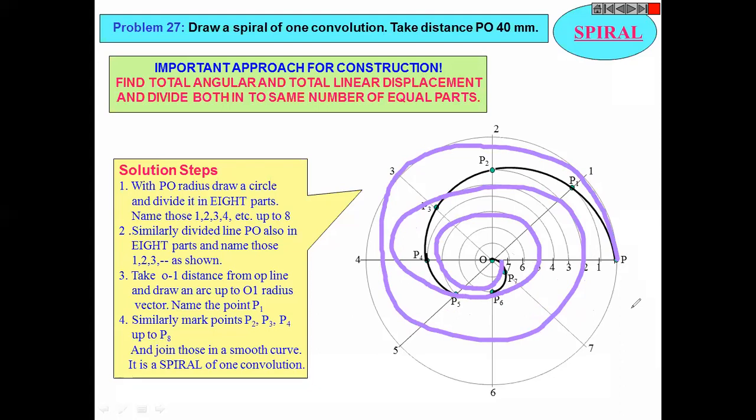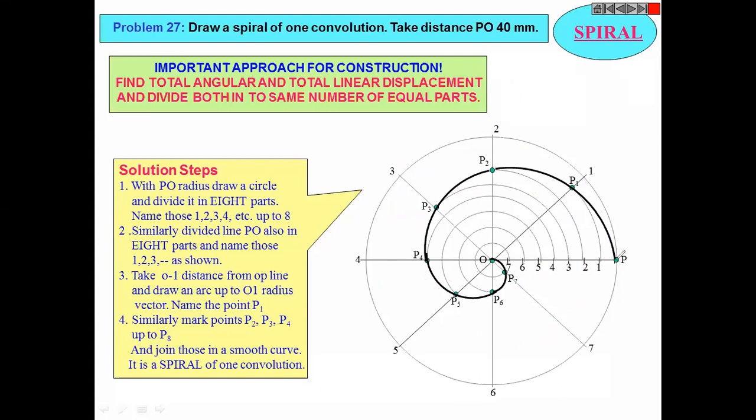Yes, sir. So, what will be the degree of travel in three convolutions? How much will be the degree travel in three convolutions? 3 into 360? Correct.